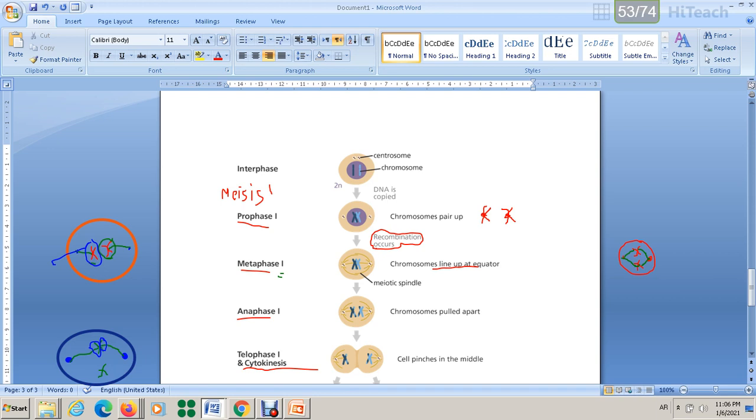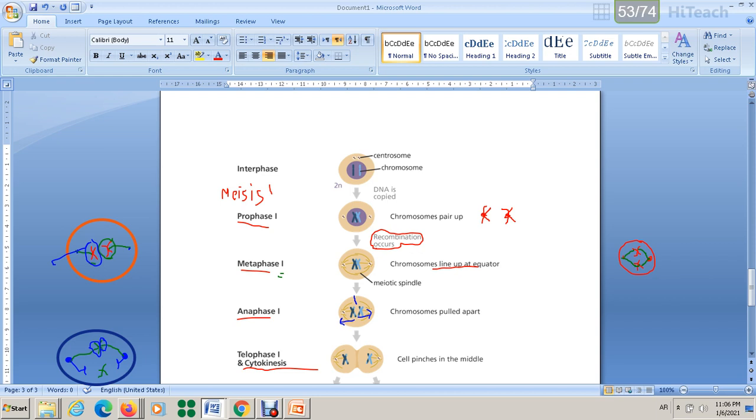Okay, so in anaphase 1 now, the mitotic spindle starts pulling the chromosomes apart. This chromosome, all of it, will be pulled to this side, and this one to this side, as you see. This is anaphase 1 in meiosis 1. But in anaphase in mitosis, the chromatid will be pulled, and the other sister chromatid will be pulled.